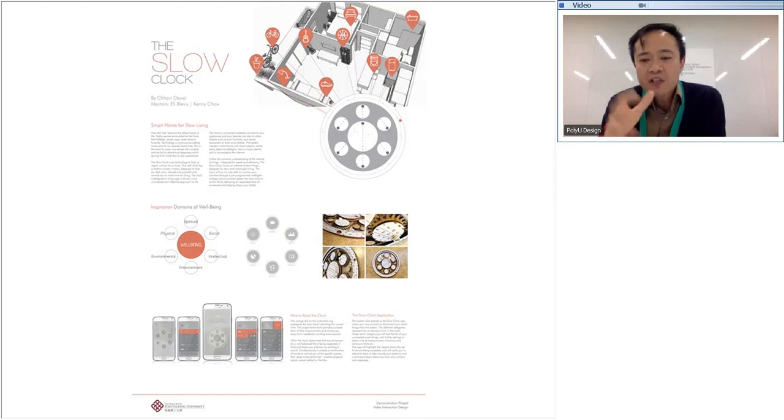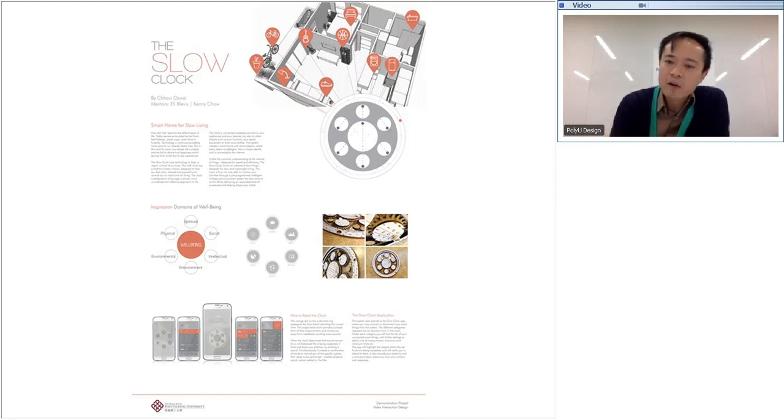Sometimes we might even consider the pace and rhythm in our everyday lives. So these students propose a smart clock. This clock, instead of telling us the physical time, actually tells us the time between work and life, the so-called work-life balance.